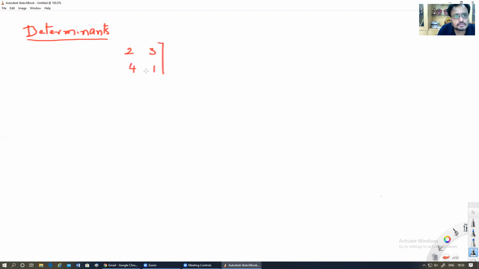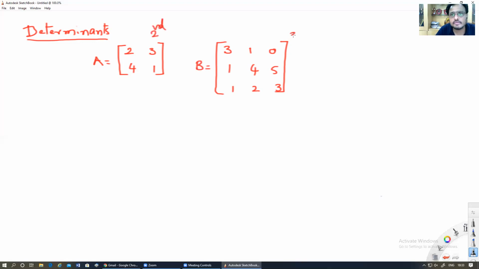This is the second order matrix, or 2 by 2 order matrix. Name it as A. Or take another matrix: 3, 1, 0, 1, 4, 5, 1, 2, 3. This is the square matrix of order 3, named as B matrix. So this is a second order matrix and this is a third order matrix.